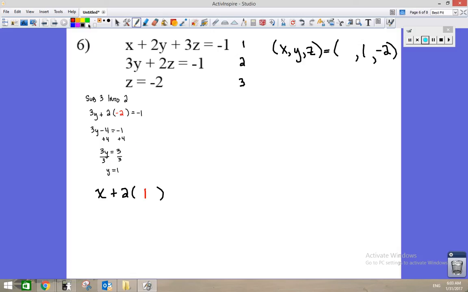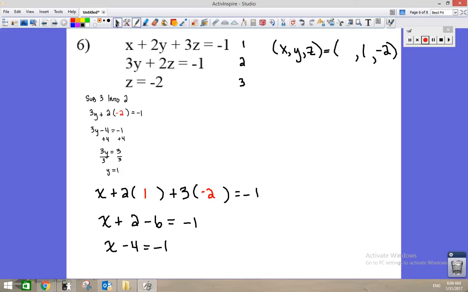And then I've got plus 3z, but I don't write down z. I know that z is the same thing as negative 2. And I know that if I do this arithmetic, then I'll get a negative 1. So 2 minus 6 is a negative 4.